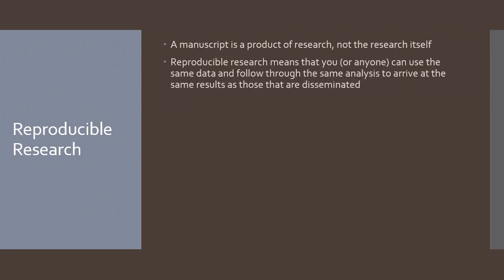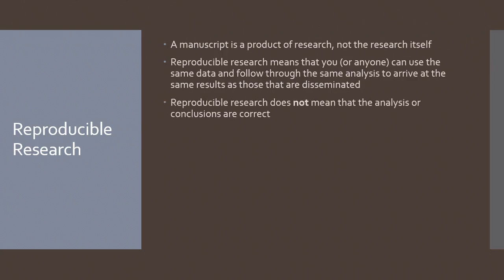What is reproducible research? A manuscript is a product of research. It is not the research itself. Reproducible research means that you or anyone can use the same data and follow through the same analysis to arrive at the same results as those that are disseminated in the manuscript.